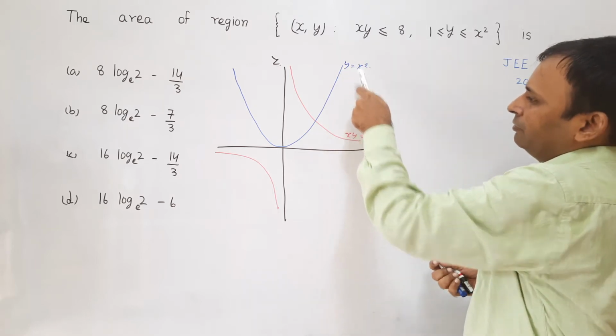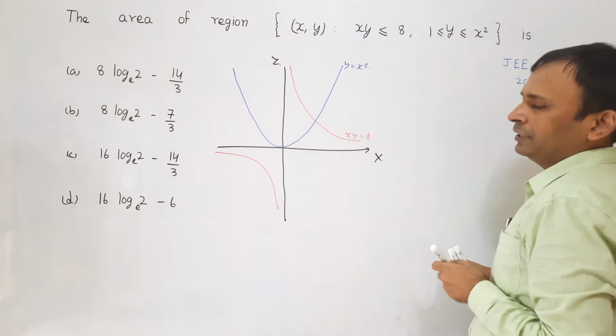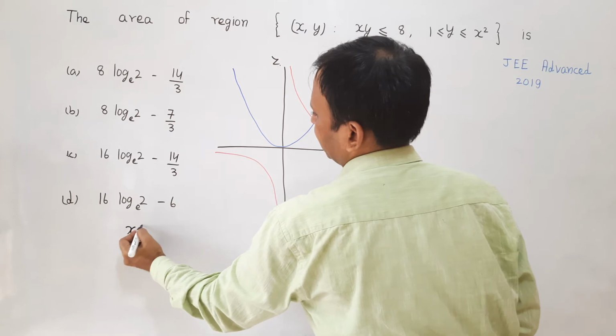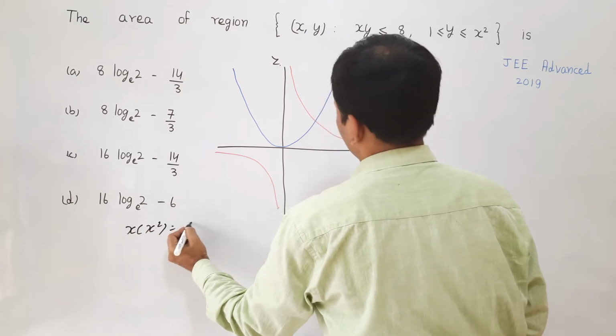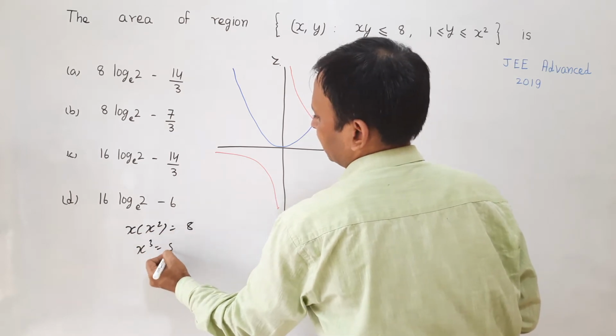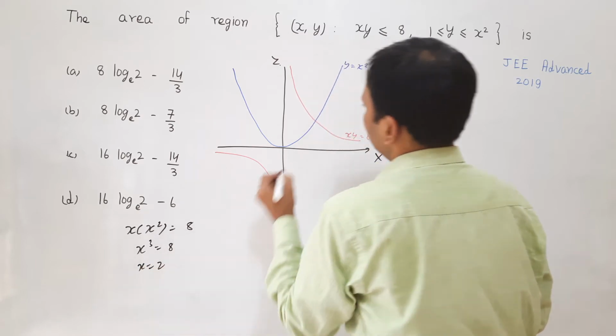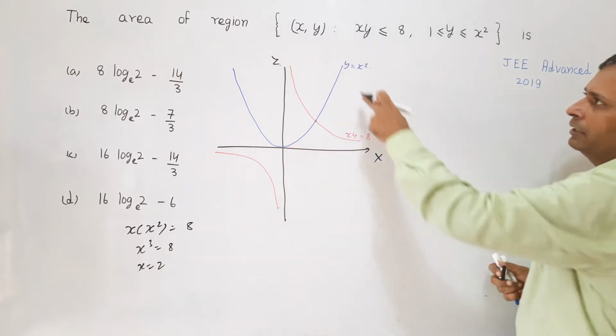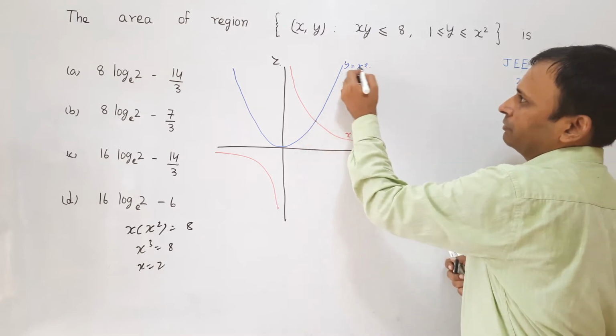So when I say y equal to x square and I put x square in the rectangular hyperbola, I will get x multiplied by x square is equal to 8, which means x cube is equal to 8, that means x is equal to 2. So the x coordinate of this point will be 2 and the y coordinate will be square of 2, because y equal to x square.